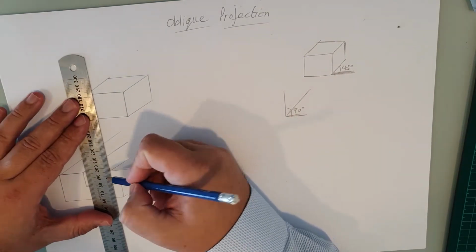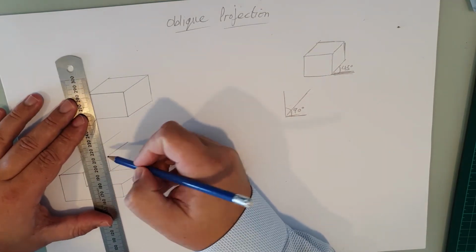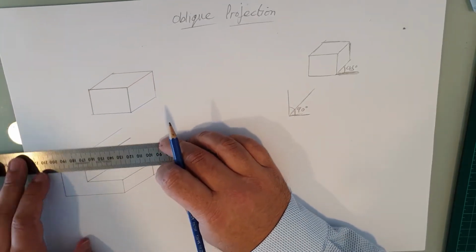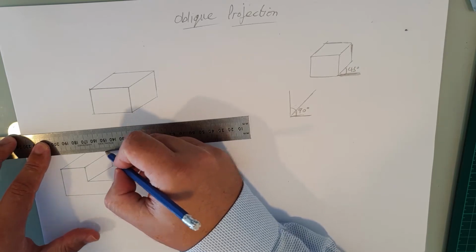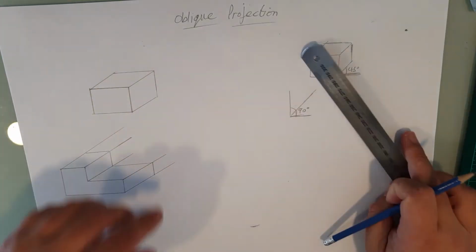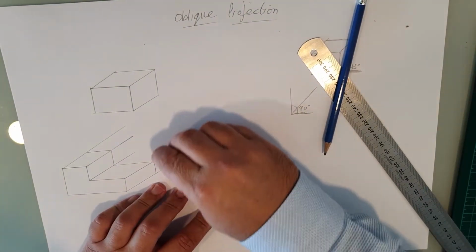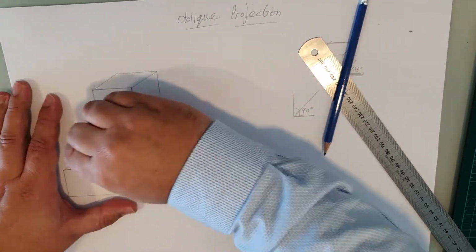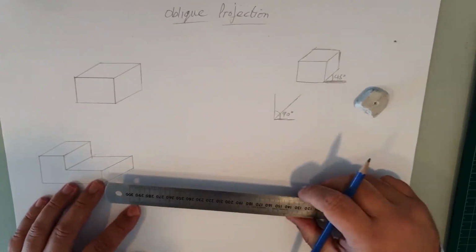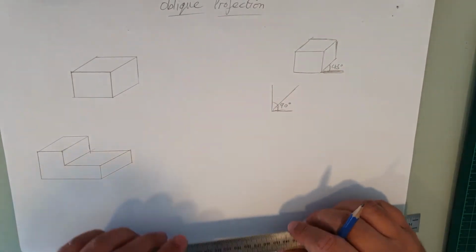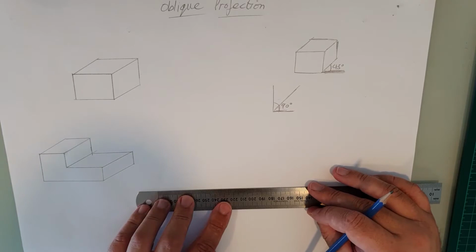Then I'm going to do the vertical, and then I'm going to do that horizontal. Okay, rub these out. Okay, let's go even more complicated. We're going to do a house.